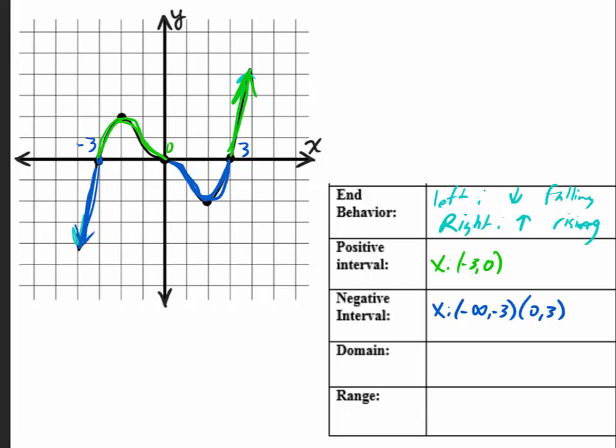Okay, so I'm finishing above the x-axis. I'm positive. My y values are positive. This is 3 or 3.1 comma something. This is 4 comma, I don't know, 4. So from the value of 3 all the way to infinity, that's when our y values are above.